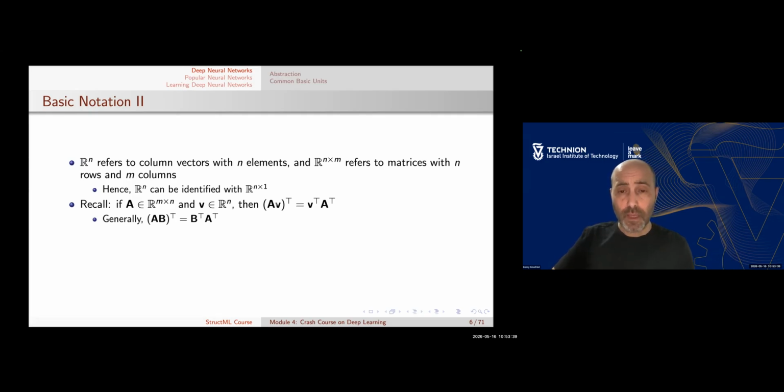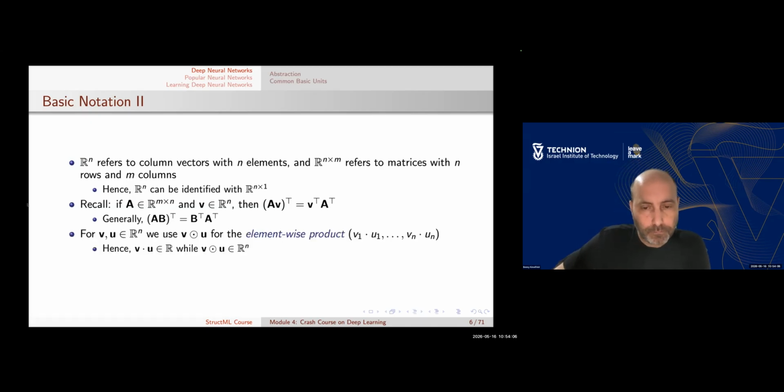This is the same as taking the transpose of v and multiplying it by the transpose of A. Okay? And in general, it's very useful to remember that (AB)^T is the same as B^T multiplied by A^T. Okay? So we switch.